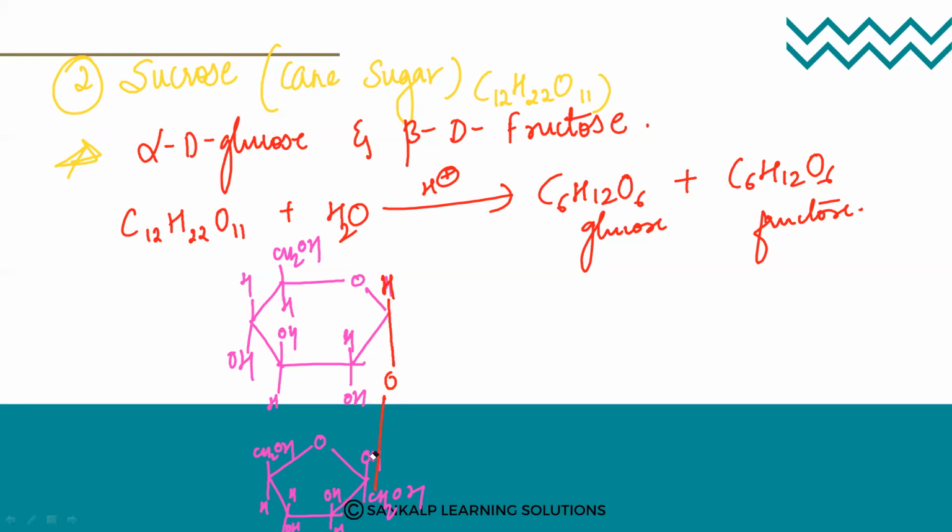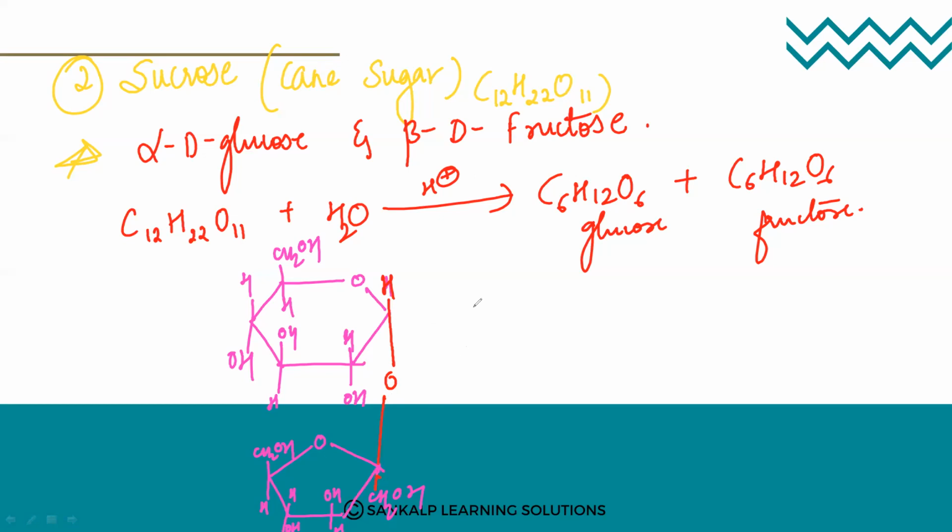So this is our structure of glucose, I hope this is clear. This is our structure of fructose. So this is sucrose, and like this the linkage is taking place.